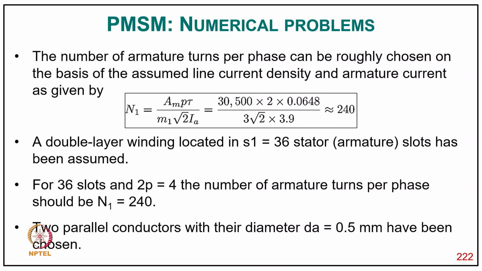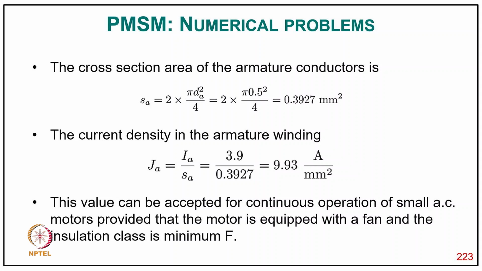Two parallel conductors with diameter dA equal to 0.5 millimeter have been chosen, and the cross section area of the armature conductor is S equal to 2 into pi dA square by 4, that comes to 0.3927 millimeter square. The current density in the armature conductor is J equal to I upon SA, that comes to 9.93 ampere per millimeter square.